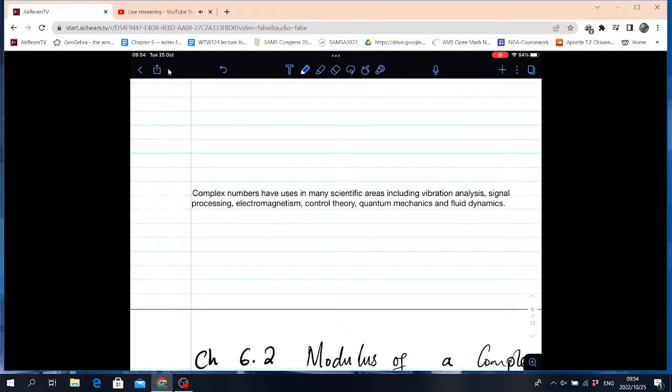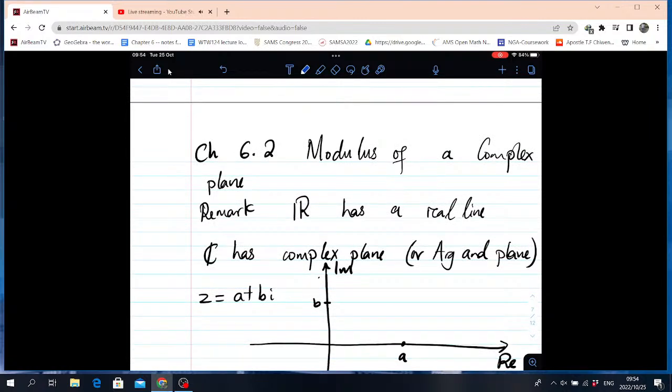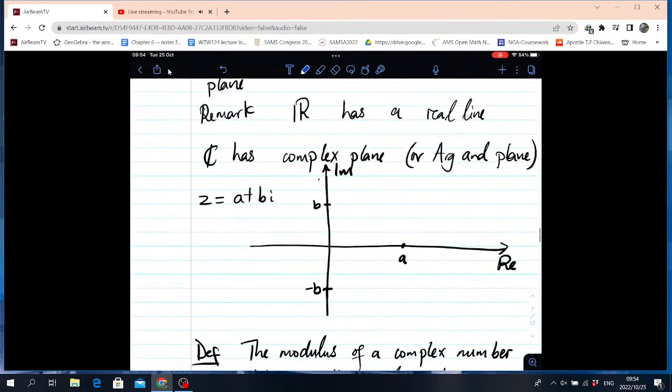Right, so let's get on to section 6.2. We know that R is the real line, and we saw that for complex numbers we can't represent them on a real line, so we need something different, which is the complex plane. If you've got a complex number z, which is a plus bi, then to plot it on the complex plane you take the real part on one axis, and then the imaginary part on the other.